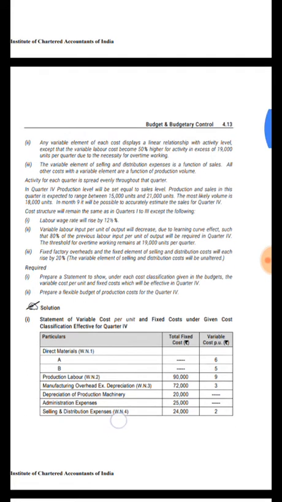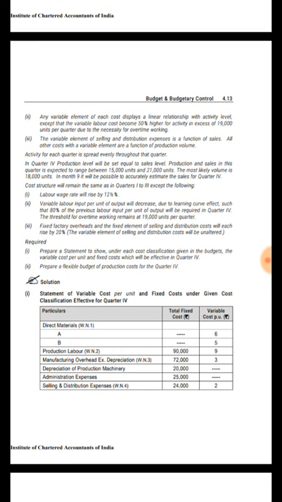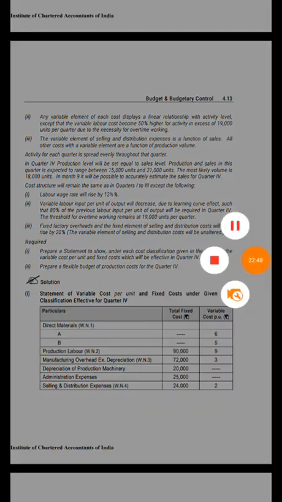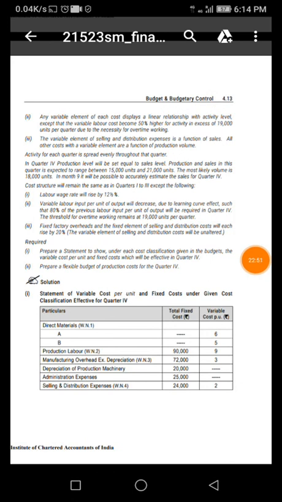So required is to prepare a statement to show under each cost classification given in the budgets the variable cost per unit and fixed cost which will be effective in quarter 4, and to prepare a flexible budget of production cost for quarter 4. So in this question, the first requirement is that we have to prepare a statement to show under each cost classification given in the budget.